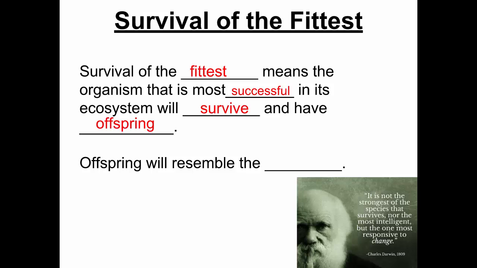Reproduce. And they have offspring. And their offspring will probably resemble them. Offspring resemble the parents. So we say survival of the fittest means just that the ones that are best adapted are the ones that survive. Now what does it mean best adapted? How come we don't say survival of the strongest?